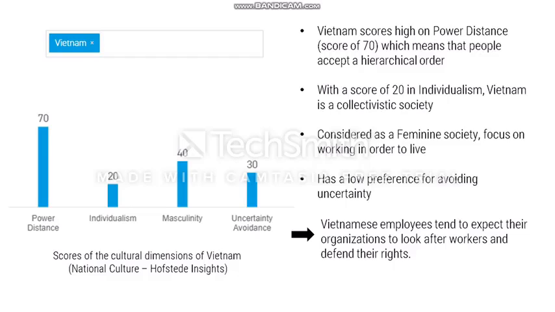Vietnam is also considered a femininity society with a score of 60 and has a low preference for avoiding uncertainty, just 30. From all of that, we can come to the conclusion that Vietnamese employees tend to expect their organizations to look after the workers and defend their rights.